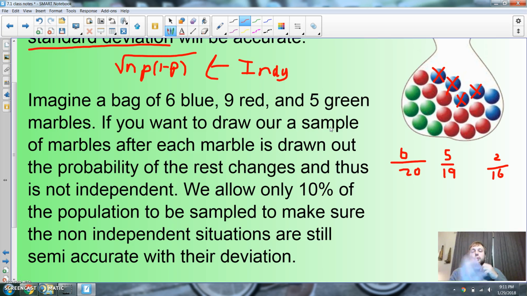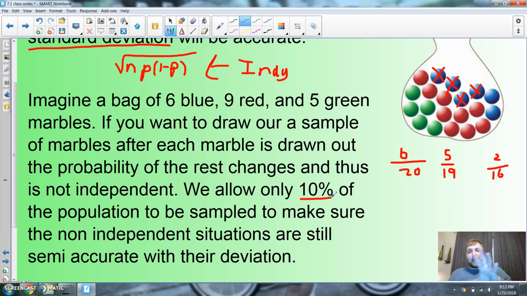If we're removing things from a population, we don't want to change those probabilities too much. Because as I slowly remove more and more, I'm getting further away from the actual original probability. So here's what we say. I don't know where we got this from, but basically, we allow you to take out 10% of the population.